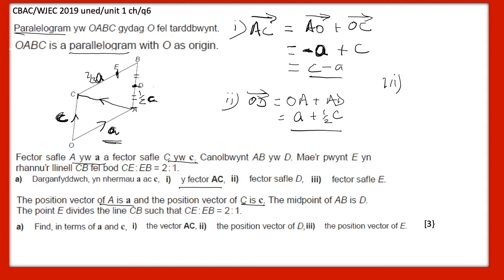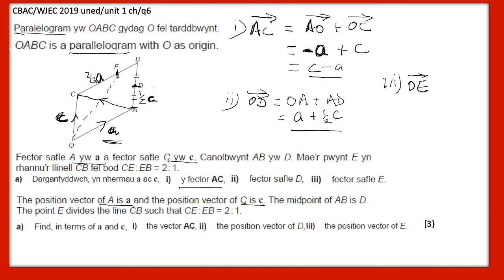And my third part, which is the position vector of E. Now remember what I was saying, that this is the vector OE. And I will put this one in. Didn't put the other one in because it's getting a little bit cluttered.